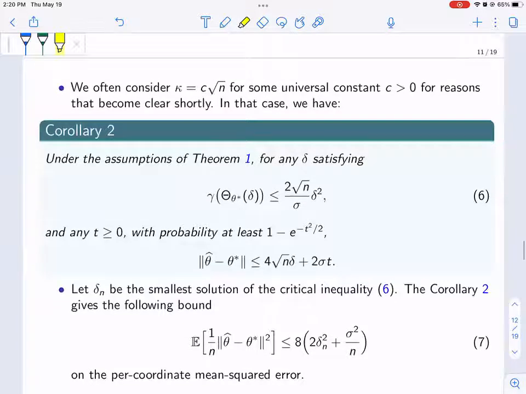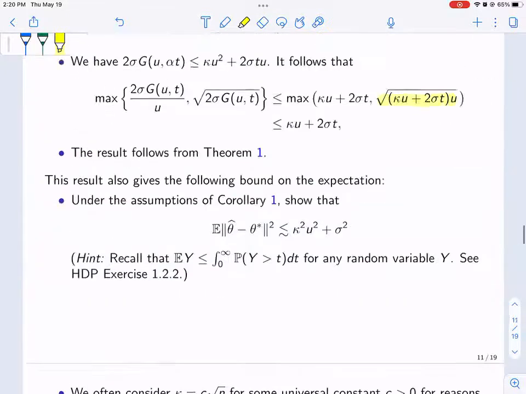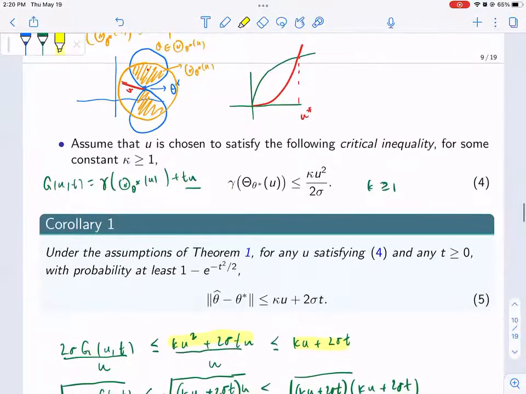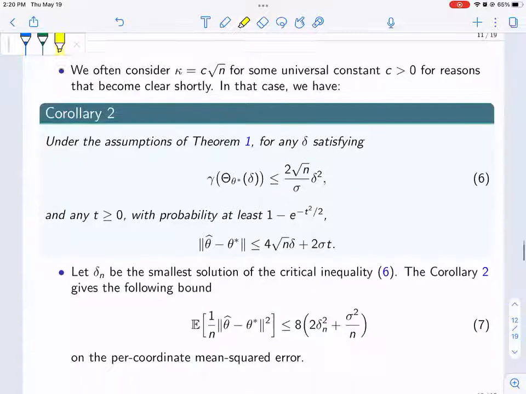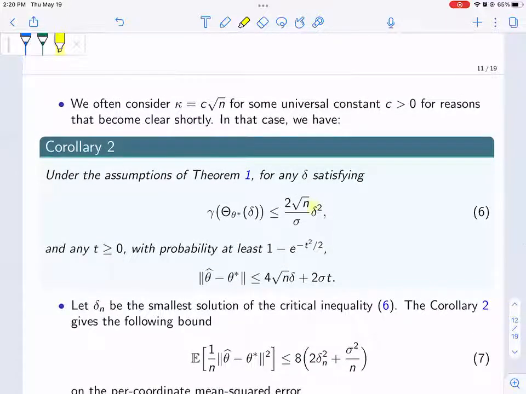Okay, and this is another version. Remember, I'm going to let this kappa depend on root n, for reasons that will become clear. I'm going to take it to be basically c root n, so that the critical inequality would be like that.